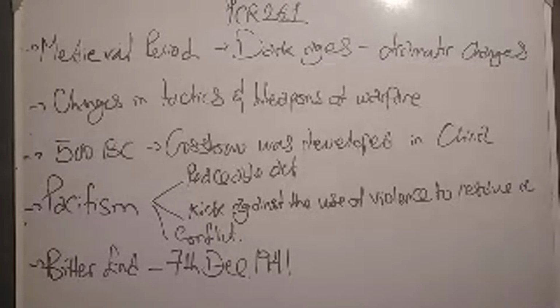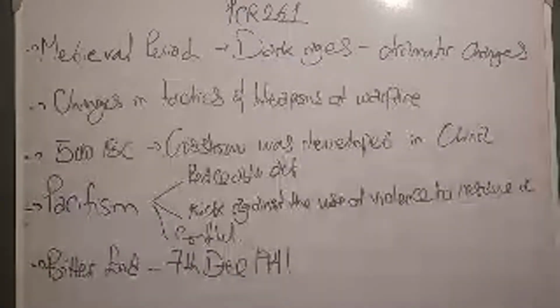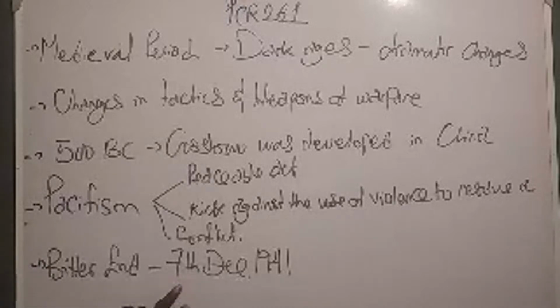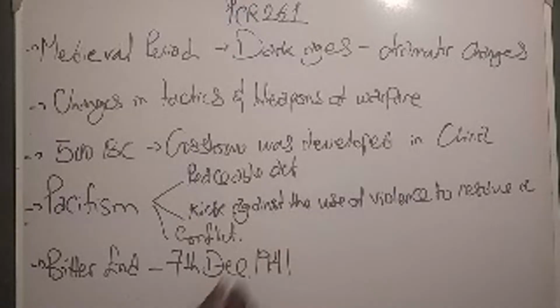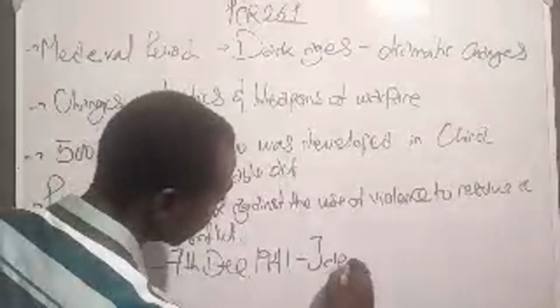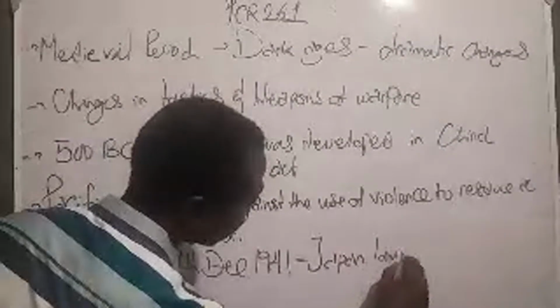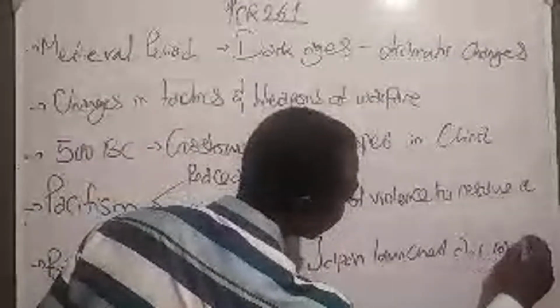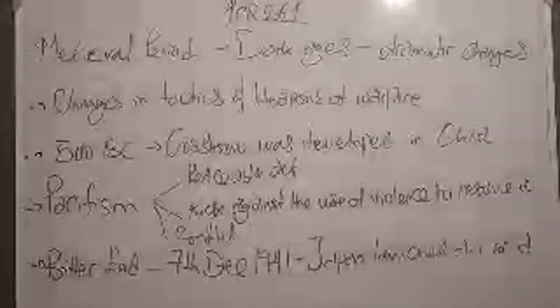Okay, so now the aggression by the Japanese and the subsequent declaration of war against the US by Germany and Italy on December 11th. The 7th was Japan launching the air raid. Then let's pay attention to what is going on here.